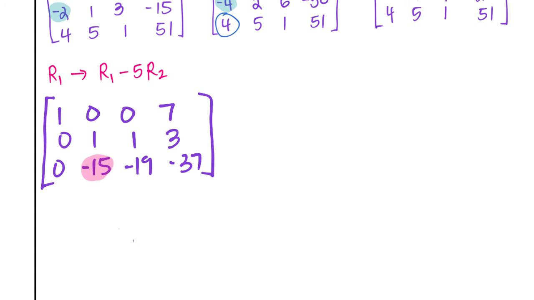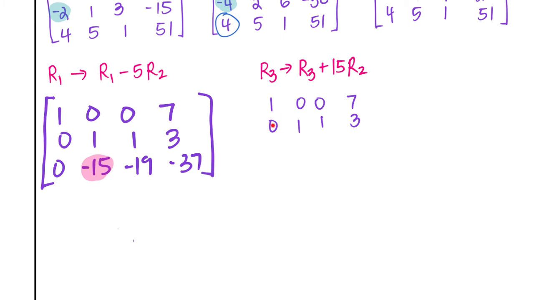So for the next step, row 3, we're going to replace it with row 3 plus 15 times row 2. So top row stays the same, and so does the second row, but the bottom row is going to change.